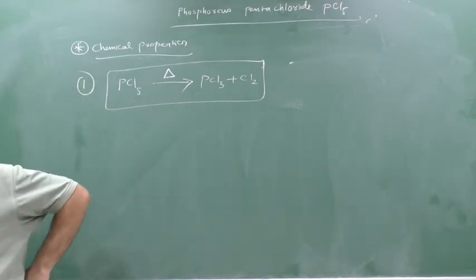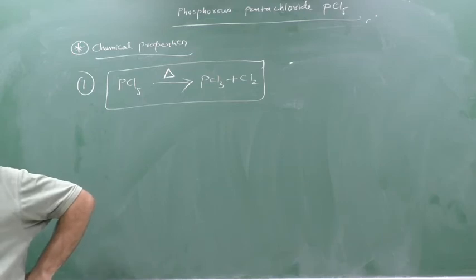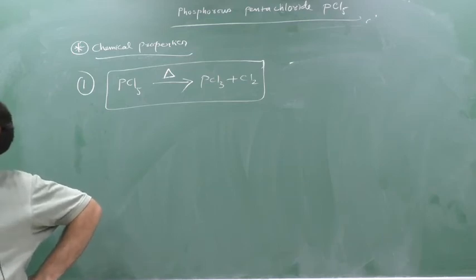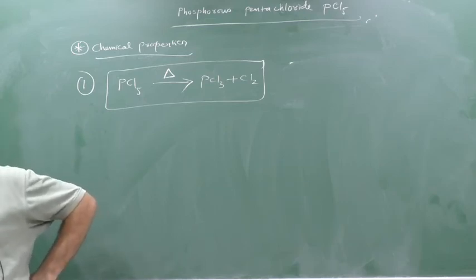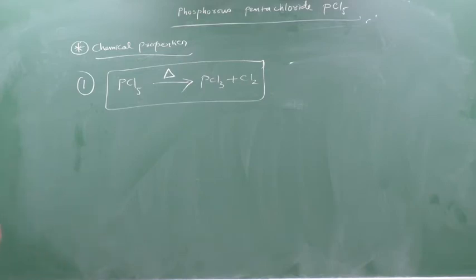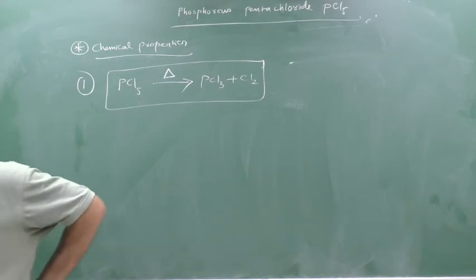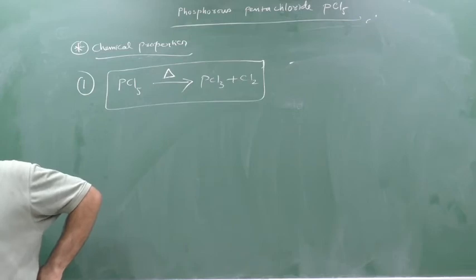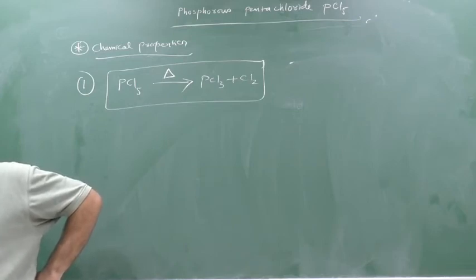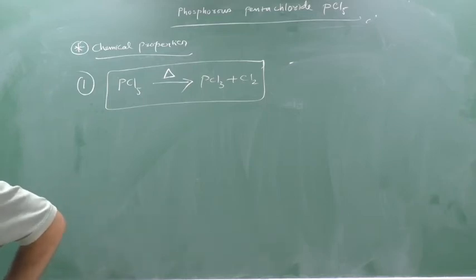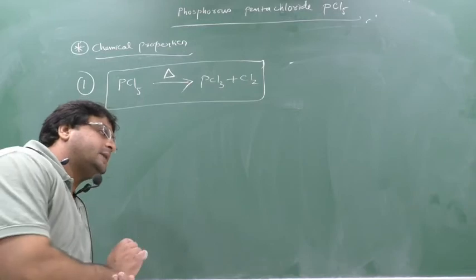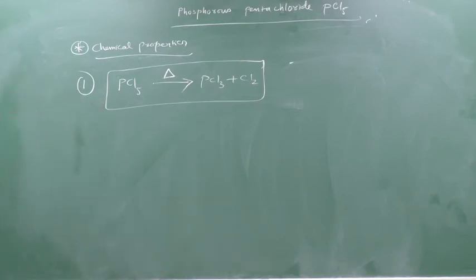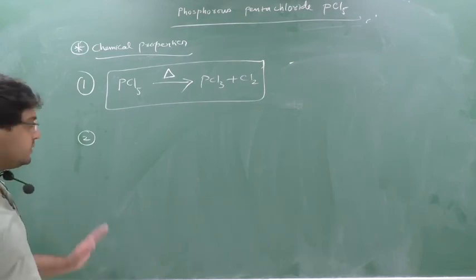Next important property, write down. PCl5 reacts with moisture present in the air and forms H3PO4 and HCl, but in a two-step reaction. So please remember this, it is very important.